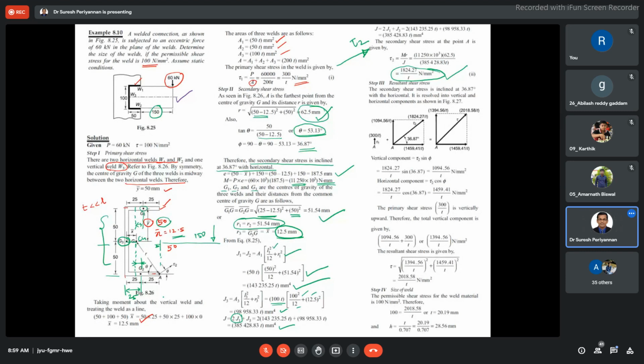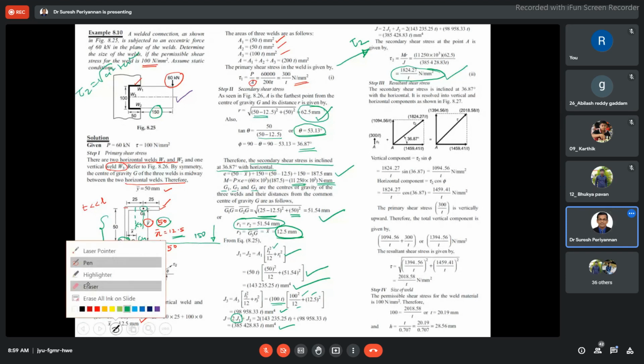Hence we directly used tau 2 is equal to square root of A squared plus A squared. Horizontal component and vertical component were the same because of symmetrical weld, symmetrical distance.